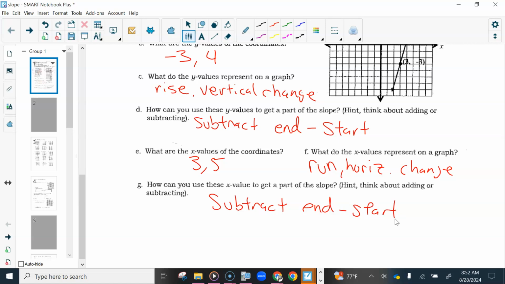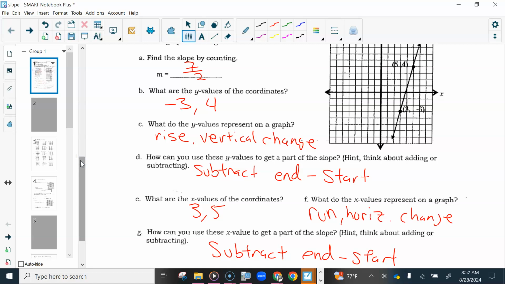So for our y values, which number would be the end? Which of these two y values would be that end? The 4. So usually the higher one, the top one, would be that end.